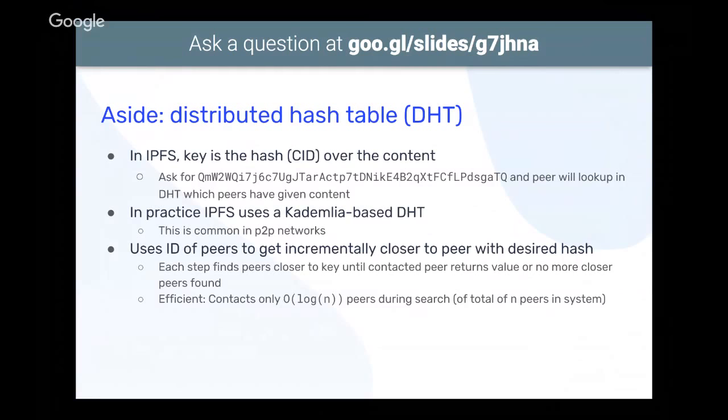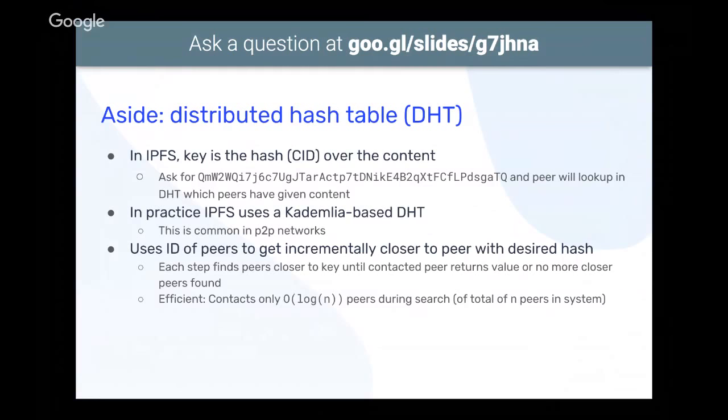In practice, IPFS uses something called a Kademlia-based DHT, probably mispronouncing that. This is pretty common in peer-to-peer networks. The idea is it essentially uses the ID of peers to get incrementally closer to the peer with the desired hash.